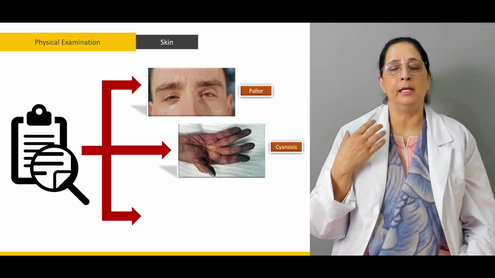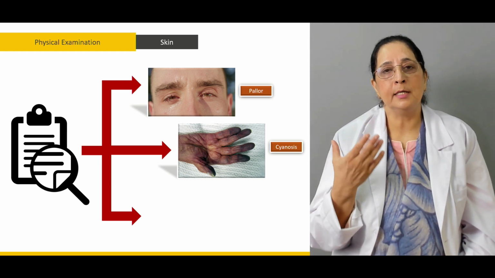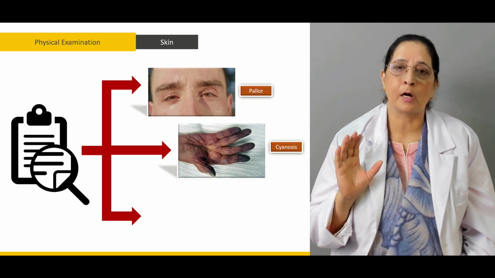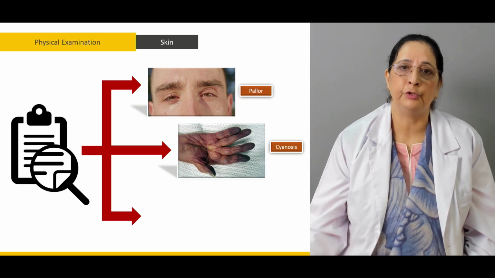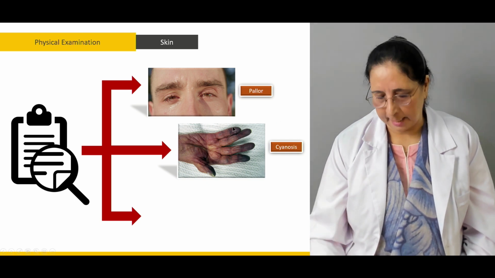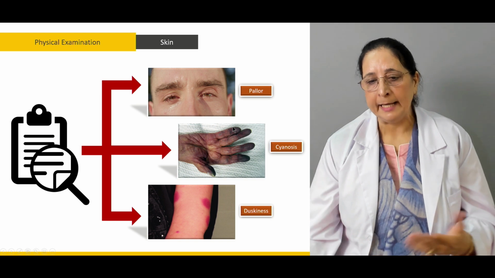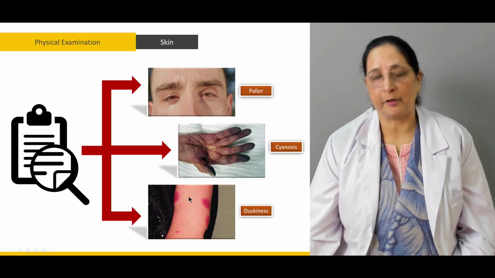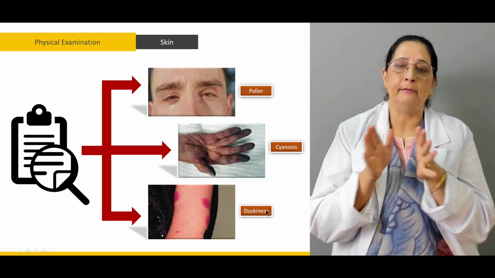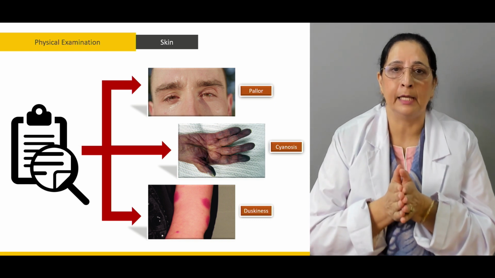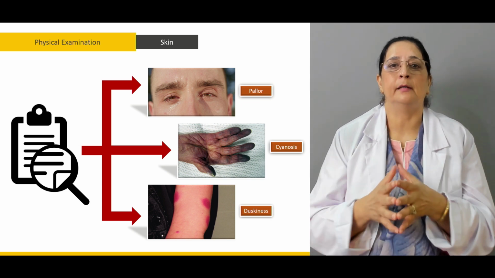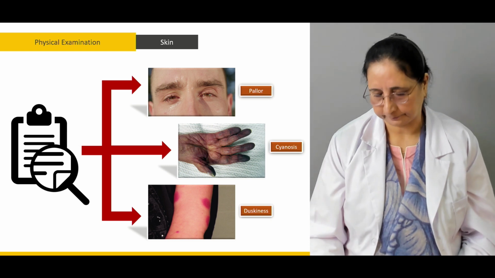Cyanosis is a very important sign of the decreased supply of oxygen or poor perfusion of the tissue. So look for the cyanosis also. And duskiness, these are the reddish blotches or spots. So all these skin findings, we should look for them, if the skin is pale, if there is cyanosis, or there is duskiness.